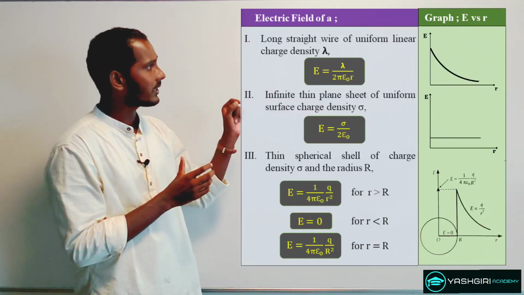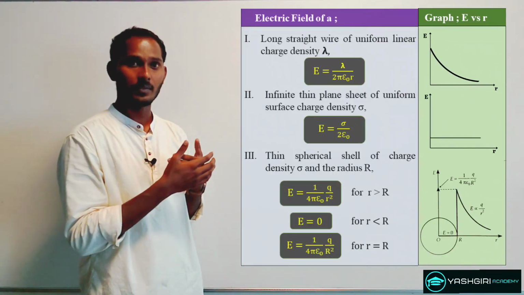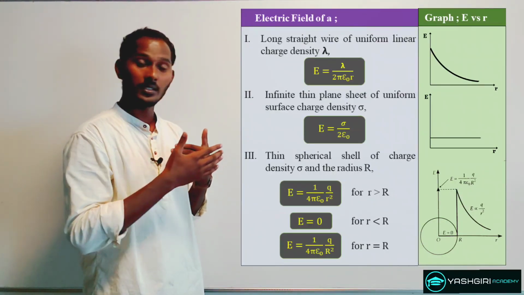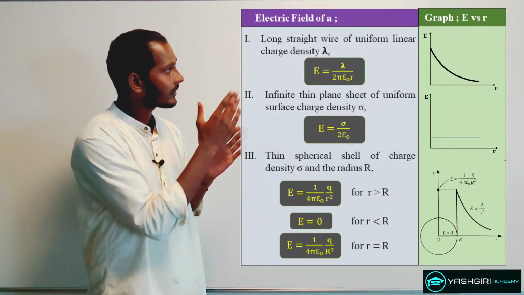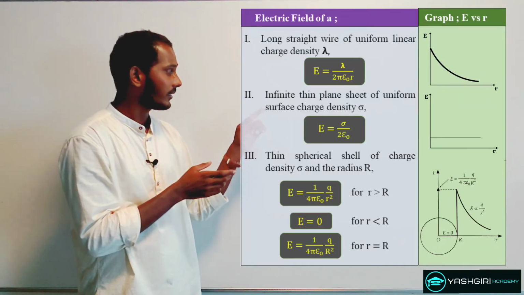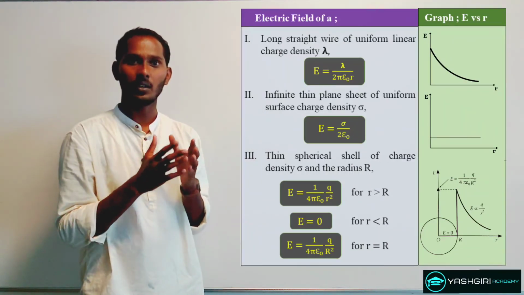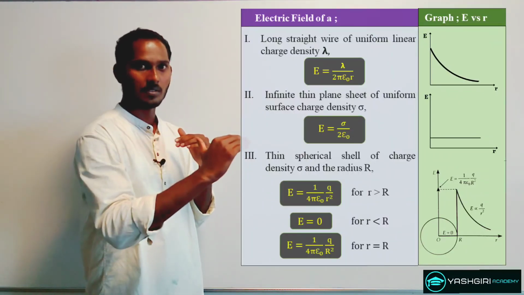For the first case, the electric field falls as 1 over R, where R is the distance at which you measure the electric field from the wire. So that's the graph. In the second case, the expression is independent of R, so the electric field will be a constant.